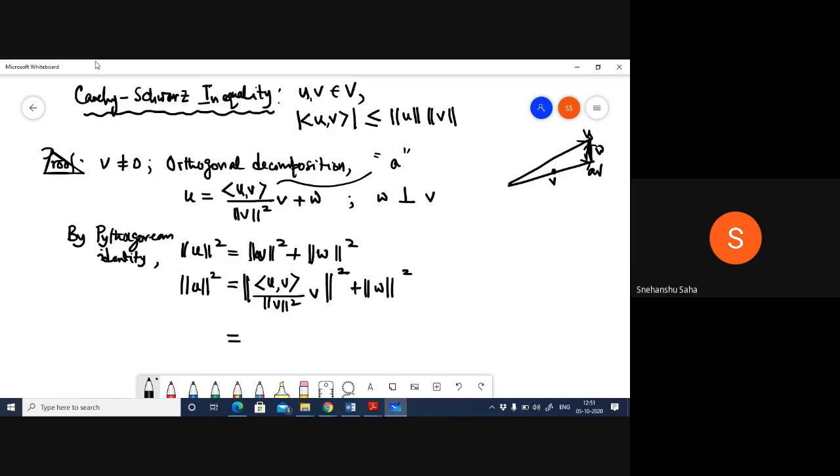So this equals this plus this, and this is a positive quantity. That implies that norm of u squared will be greater than or equal to this guy.